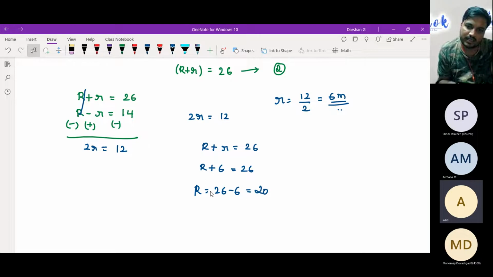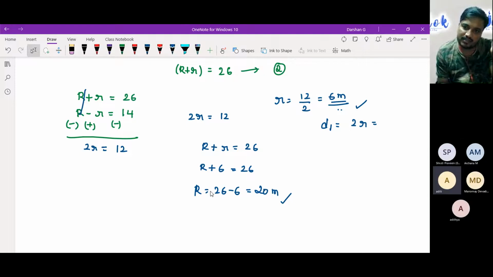Answer is 20. So we have two radii, one is 6 meter, one is 20 meter, but we want diameter. So diameter 1 equals 2 times small r, that is 2 into 6, equals 12 meter. Diameter 2 equals 2 times bigger R, that is 2 into 20, equals 40 meter.